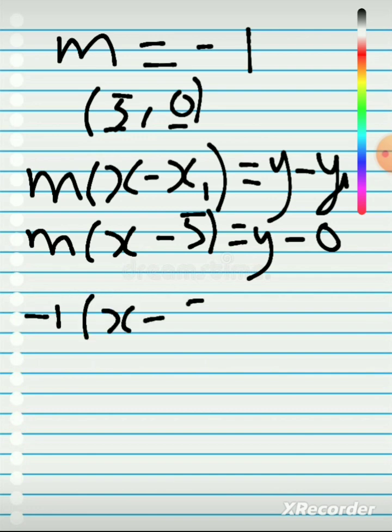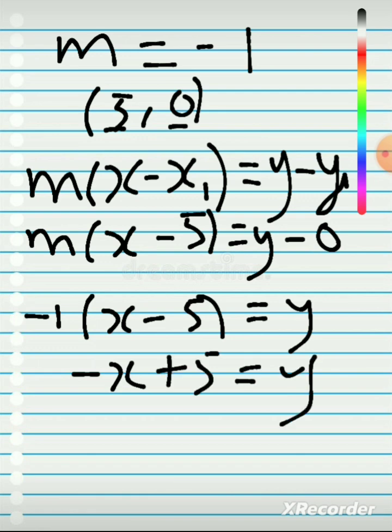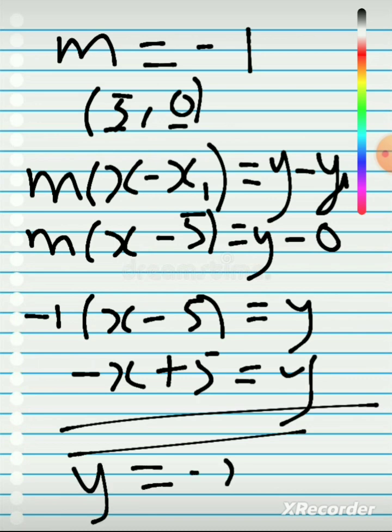So we have x minus 5, y minus 0 is y. Negative 1 times x is negative x. Negative times negative 5 is positive 5, equals y. So this can also be your answer. If you want, you can write it in proper form as negative x plus 5. So you can use whichever method you're comfortable with. Personally, I don't like this method.